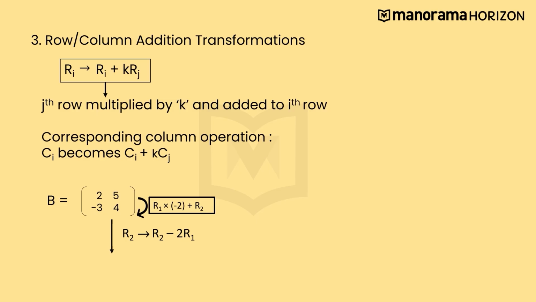That means minus 2 into 2 5 plus minus 3 4, and we get the matrix B is equal to 2 5, minus 7 minus 6. As you can see, there is no change in the elements of row 1, while the change is reflected only in the second row.